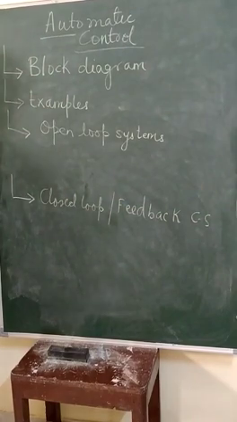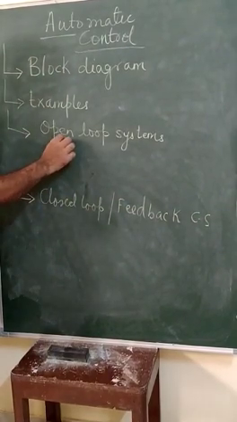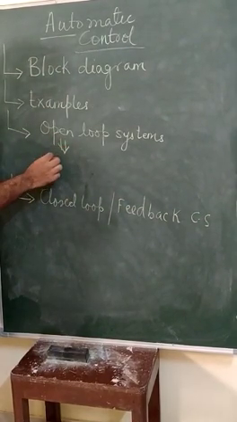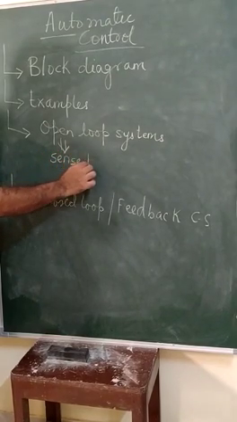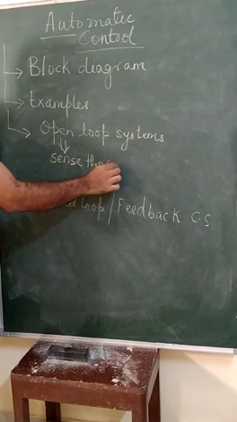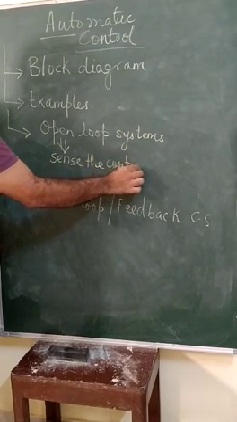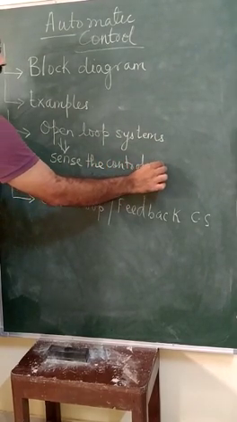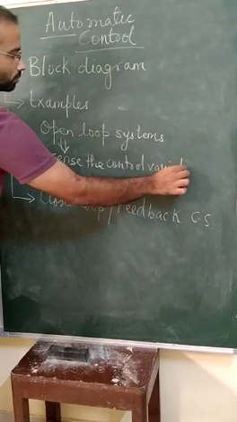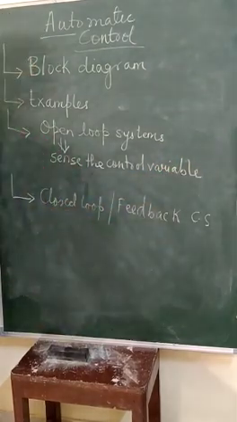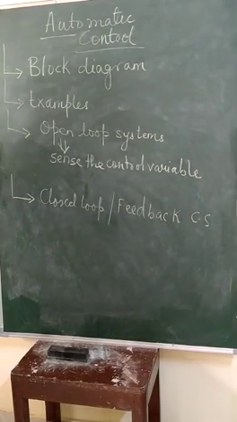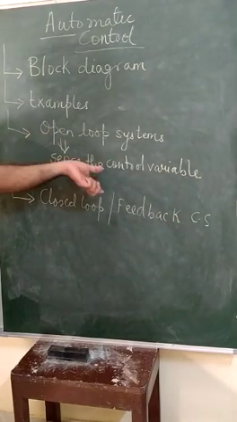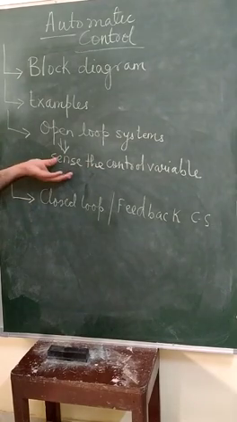So one of the main features of open loop system is that you do not sense the control variable. It is more of a regulated kind of thing, that you just give it one command and it works on that command. If there is a disturbance to the system, there will be nothing to sense it or to correct it.